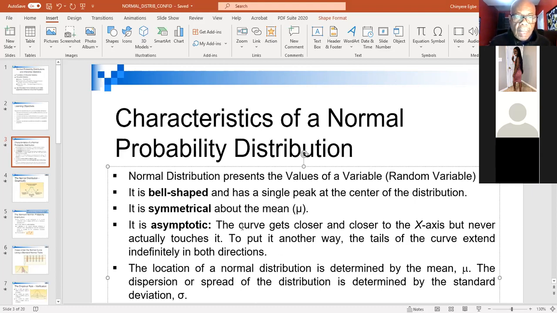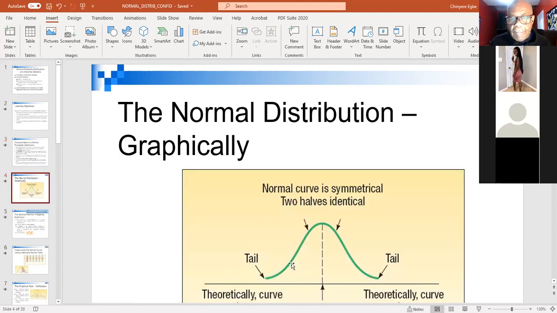Now, the number distribution represents the values of a random variable, and as it is said here, it's bell-shaped. It's symmetrical, in the sense that the mean is exactly in the middle of the distribution.